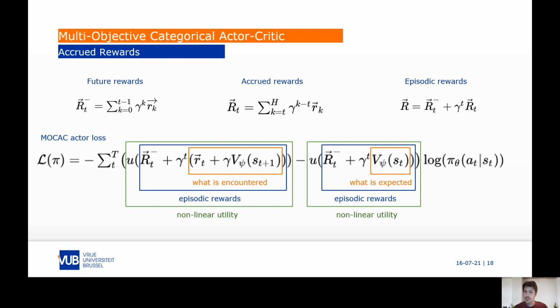However, there is still a problem here, and that is that we're using our critic v values in our utility function. So the v value is an estimate of the expected return, but we don't want to apply the utility on expected returns. That's the other setting. We are interested in the utility on every single episodic return, not on the expectations.